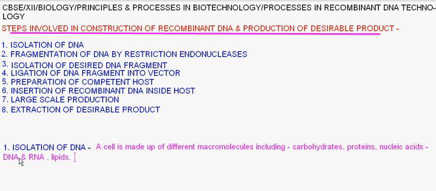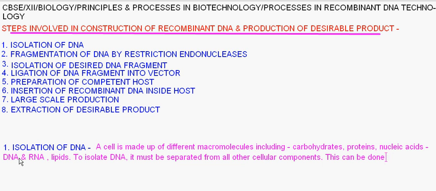This is done by two methods. One method is using centrifugation, that is applying centrifugal force, or we can say rotated at a specific speed per minute, so that the components of the cell get separated from each other according to their density.